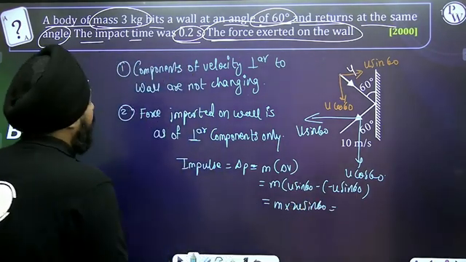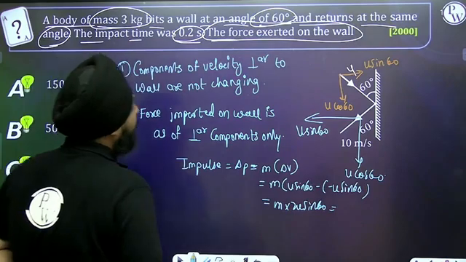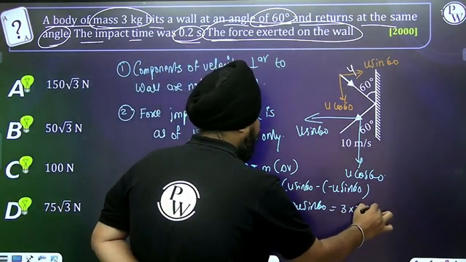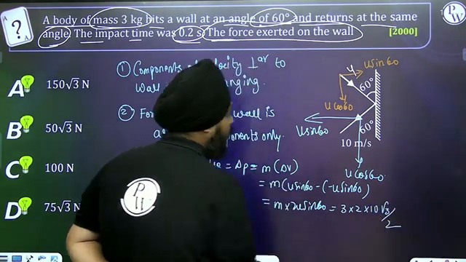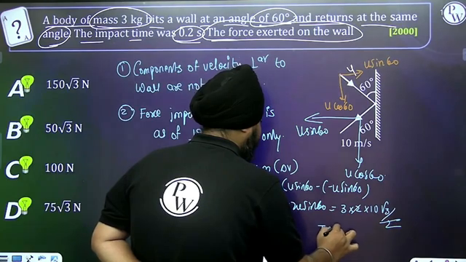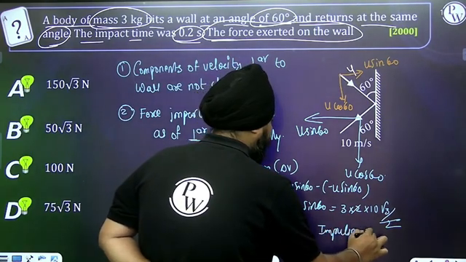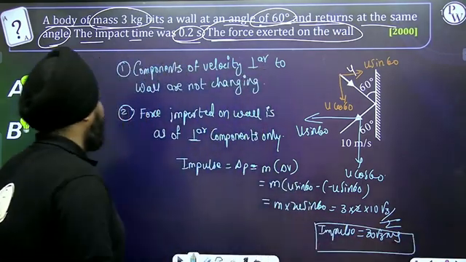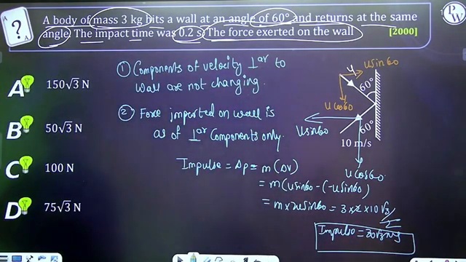What is the mass? 3 kg. Velocity 10 meter per second. So 3 kg into 2 into 10 into root 3 by 2. So this 2 is going to get cancelled. Impulse is nothing else but 30 root 3 newton second.